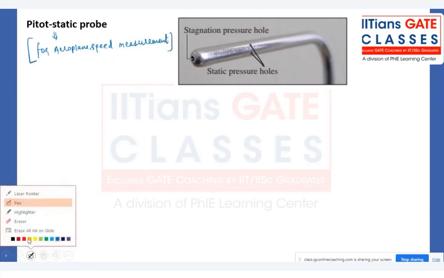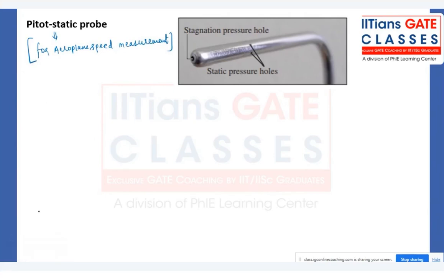Right, why do we have this particular tube? There is a reason for that. Now you understand there are two kinds of holes which you can see very clearly.